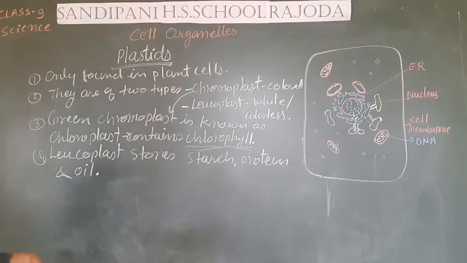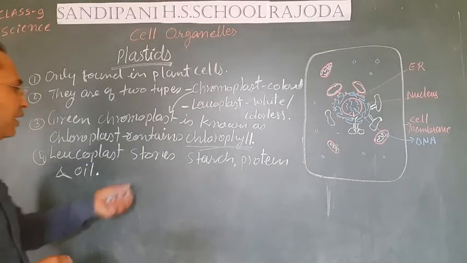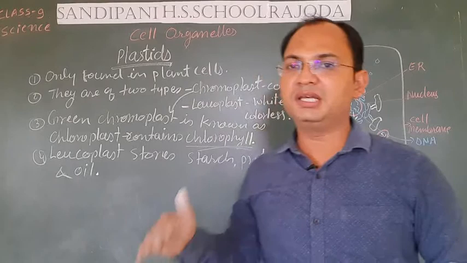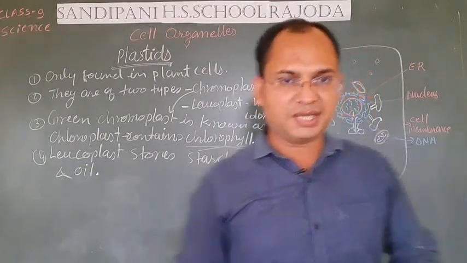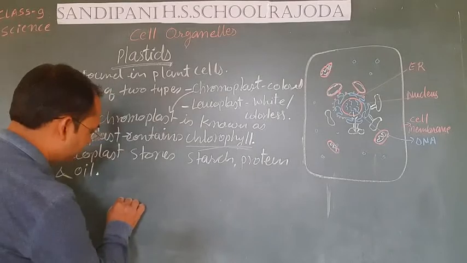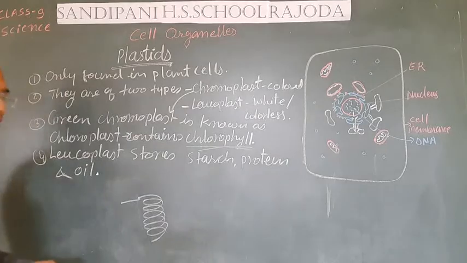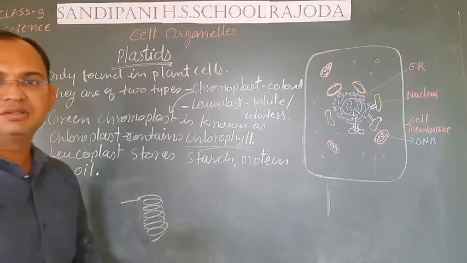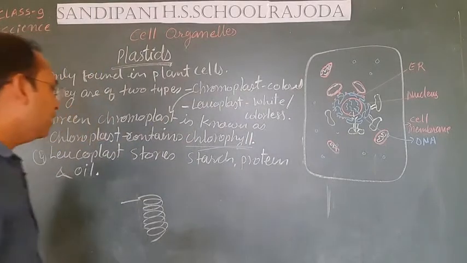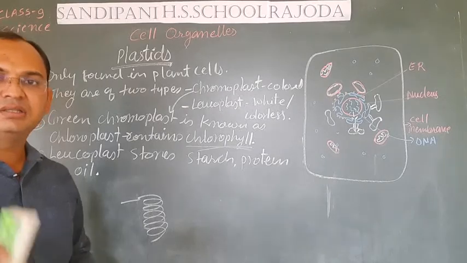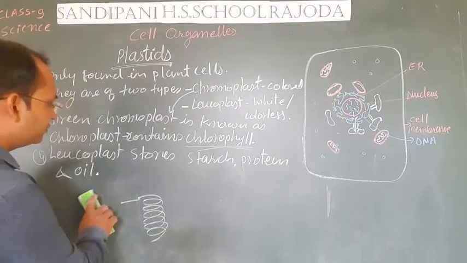Now, students, another property of the chloroplast is that inside the structure of the chloroplast, many membranous layers are present, just like this. These membranes are arranged on one another, and they are known as stroma. So, chlorophyll is present inside the stroma in the chloroplast.